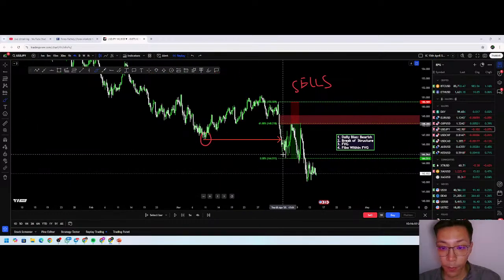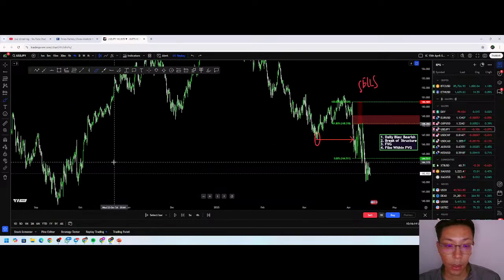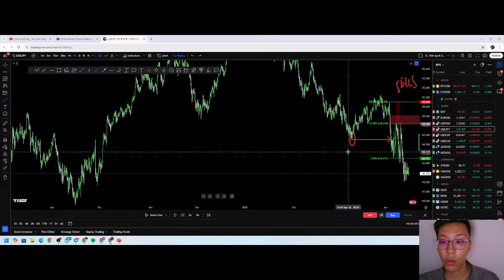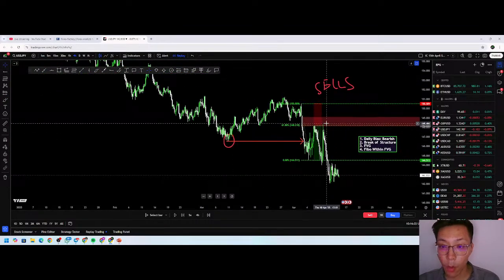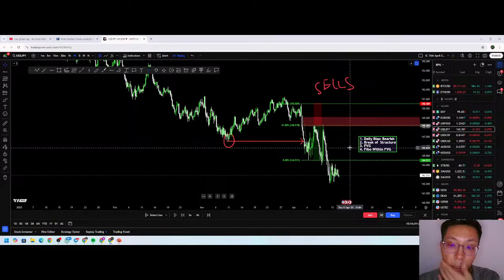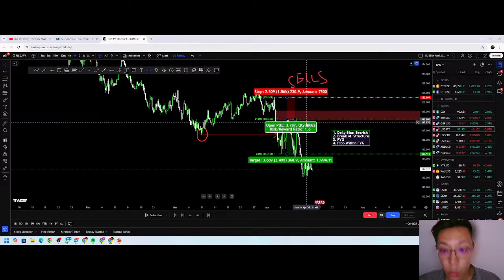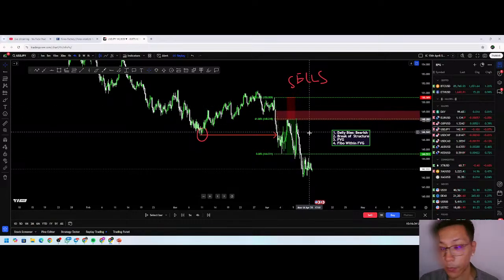But realistically speaking, you shouldn't be targeting that far, right? Even though you have a better risk to reward ratio, you can see how price actually went all the way back up to your entry before it came all the way down, right? So you would have been either at break even or hit your stop loss, right?